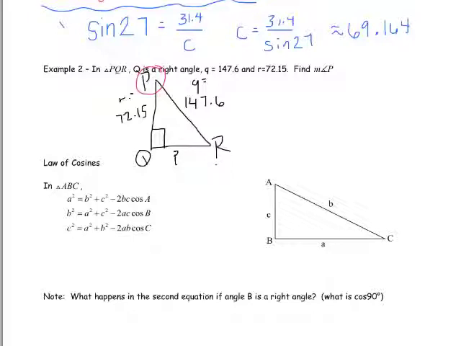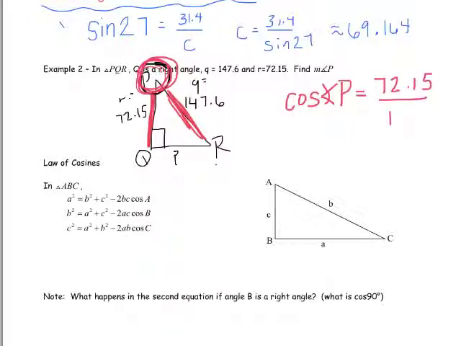But anyways, in order to solve for angle P, so this angle right here, I say, well, with respect to my angle, I know what the adjacent is and what the hypotenuse is. So that's cosine. So cosine of my angle, and I'll go ahead and call it P, equals adjacent over hypotenuse.